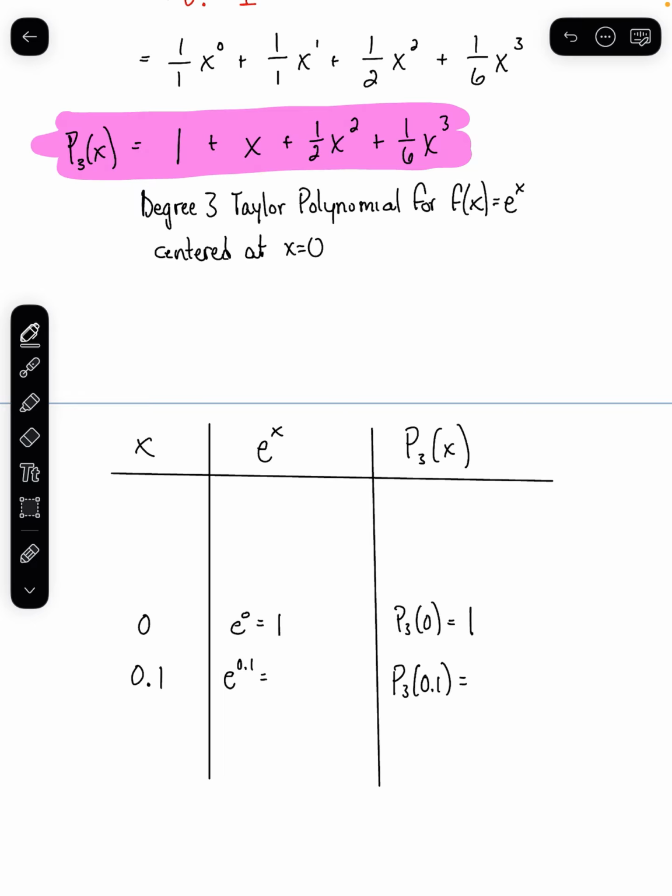And if you didn't have a calculator, well, how else would you do it? So we're going to start with p sub 3 of 0.1. Now, I'm not going to actually do all the arithmetic by hand here. We're going to hand wave that. But if we did do all the arithmetic by hand, we would get 1.105166 repeating.